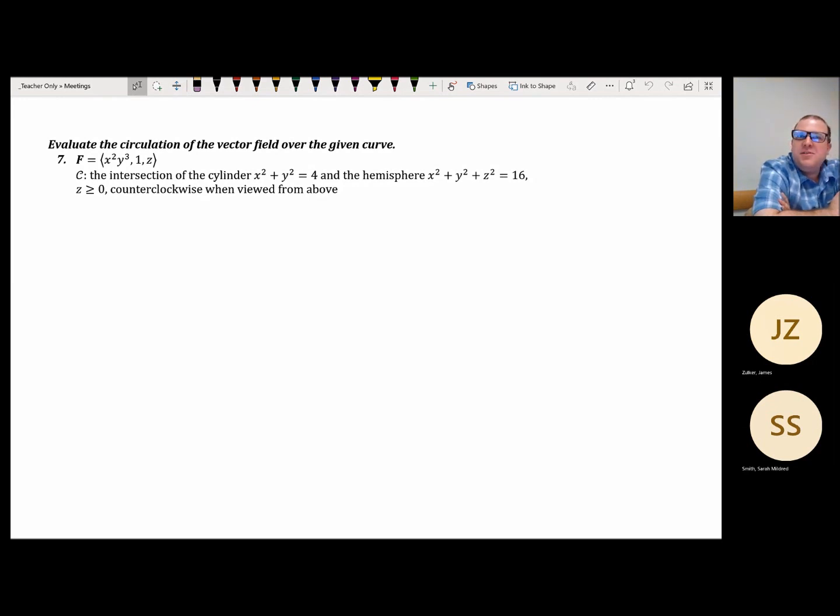Let's not forget curl this time. Again, we have actually a fairly nice curl.